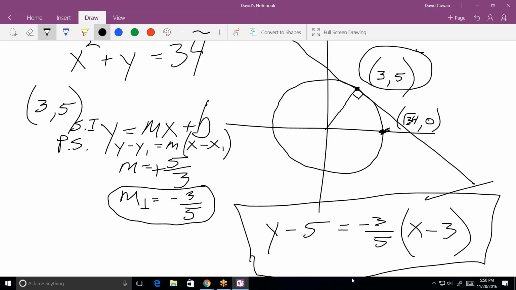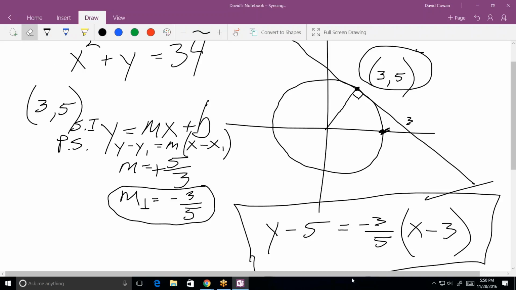And this point over here that I said was root 34 comma 0, completely unimportant, not needed. At the time, I didn't know. But a lot of times with some of these kinds of problems, you're just kind of scratching around in the dark until you see something that, yeah, that's how I'm going to solve it.